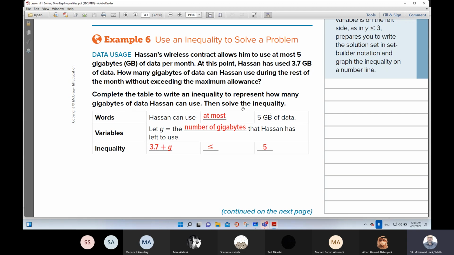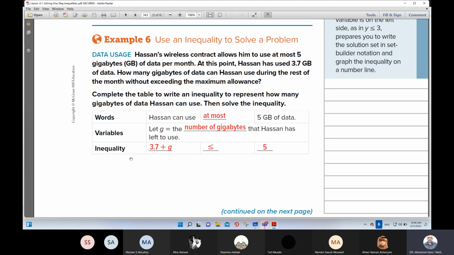Then solve the inequality. From the words, as you see here, Hassan can use at most 5 gigabytes of data. Let G be the number of gigabytes that Hassan has left to use.